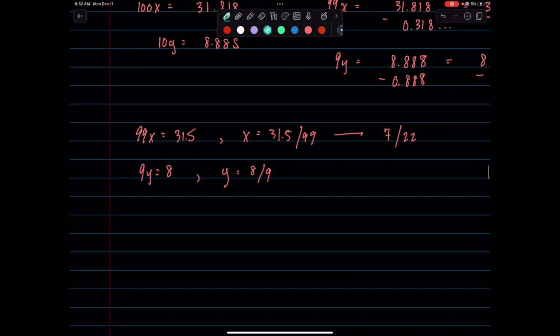If we now take this 7 over 22 times 8 over 9, we get 56 over 198, which simplifies down to 28 over 99.